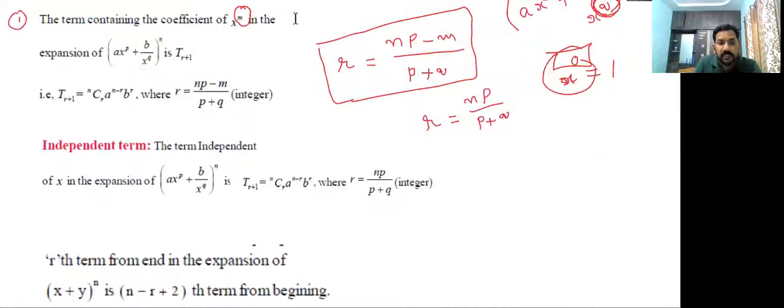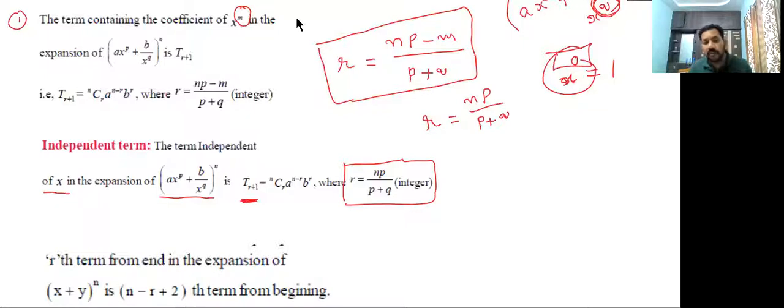Students, have you understood? The term independent of x in the expansion of (ax^p + b/x^q)^n is T_(r+1). Then how to find the r value? This is the formula: r is equal to np by (p + q). The r value always should be an integer.